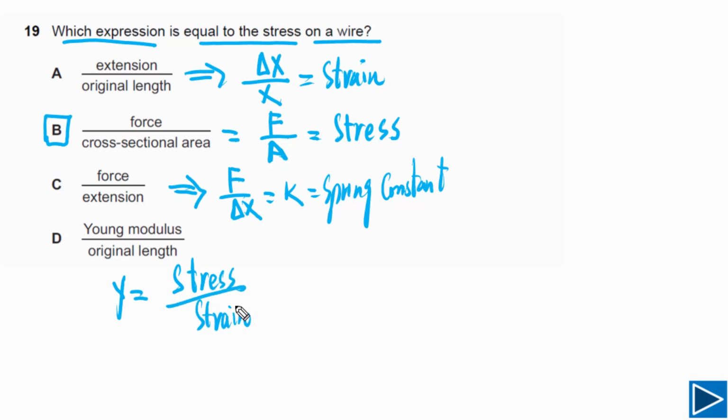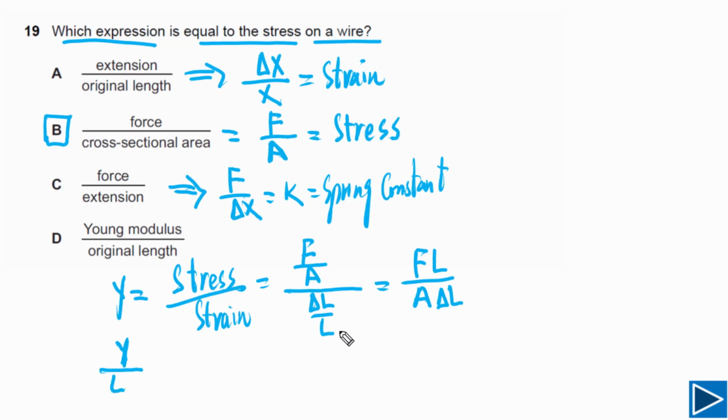We can write this is equal to stress over strain. Stress is equal to force over cross-sectional area, and the strain is equal to delta L by L. Now if we rearrange this, we can write this is FL over A times delta L. But the expression here is Young's modulus over original length, so this is Young's modulus divided by L naught, the original length, and this is equal to F over A times delta L. F is the force, but A times delta L is the change in volume.